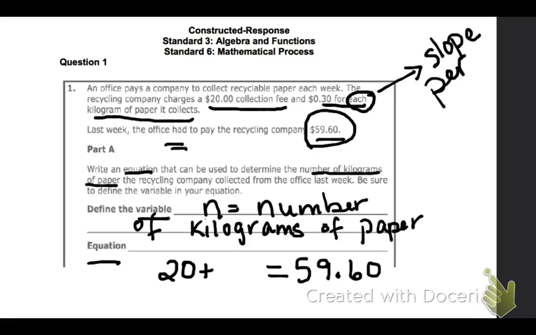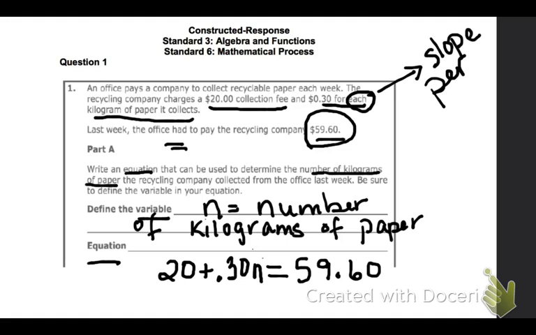Okay, I'm going to put point 30 n. You could have also written 0.3 n. That is just fine. You also could have written this in a different order.